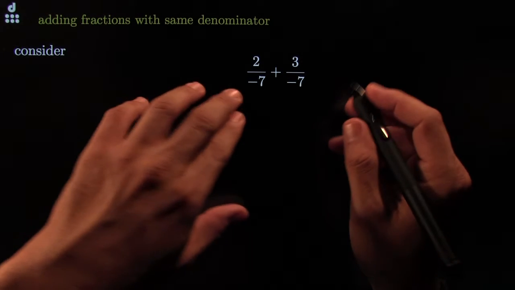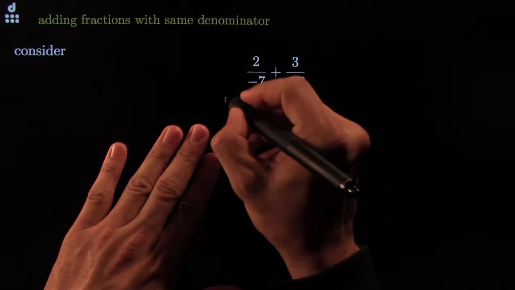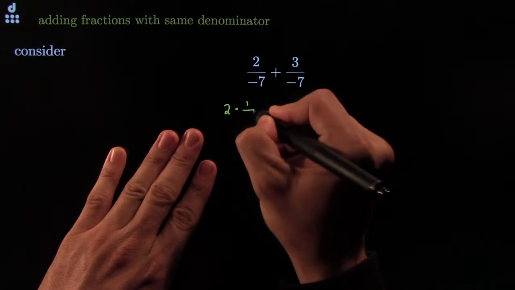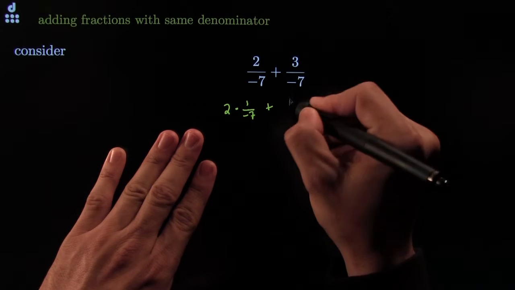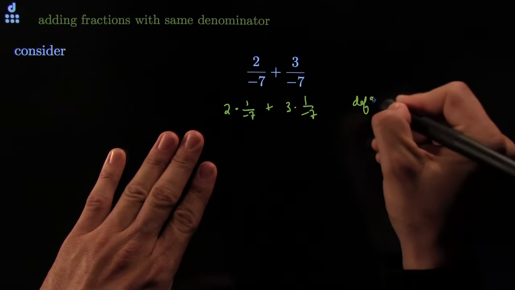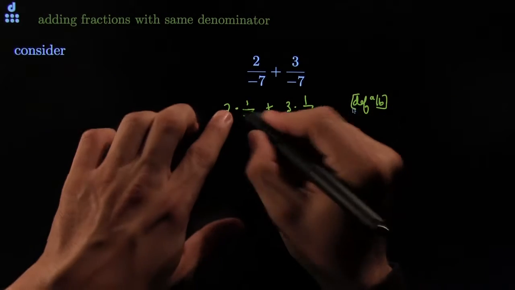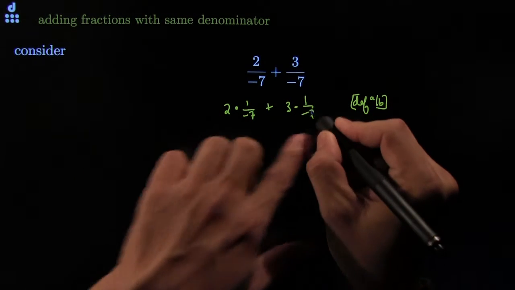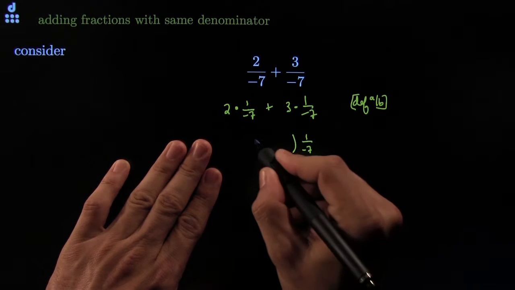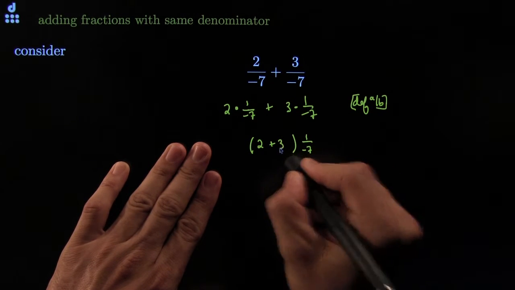Suppose you have 2 over negative 7 plus 3 over negative 7. Again, use the definition. This is 2 multiplicative inverses of negative 7. This by definition means 3, 1 over negative 7s. That's the definition of a fraction. And you can say, whoa, it looks like someone distributed a 1 over negative 7 on both of these. Maybe we could undistribute it, and that would leave 2 plus 3.